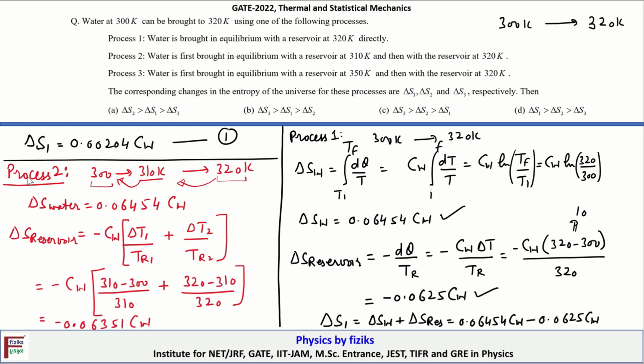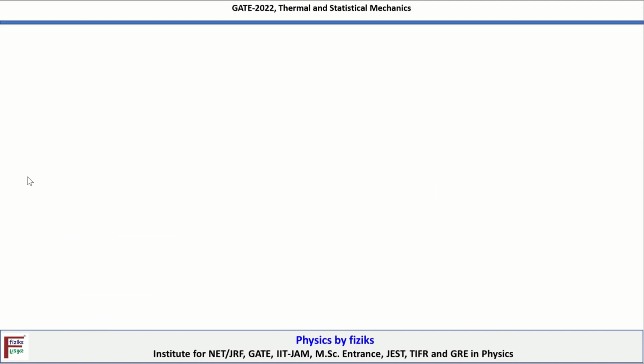0.06351 CW. Okay, so the corresponding entropy change of the universe in this process, that is delta S2, the entropy change of the universe during process 2, is equal to delta S water plus delta S reservoir.